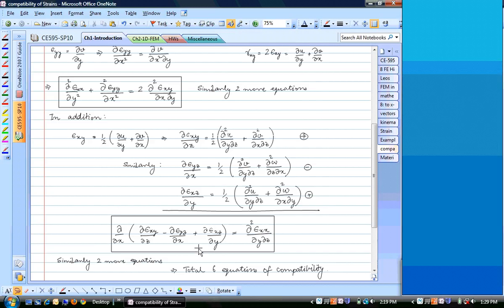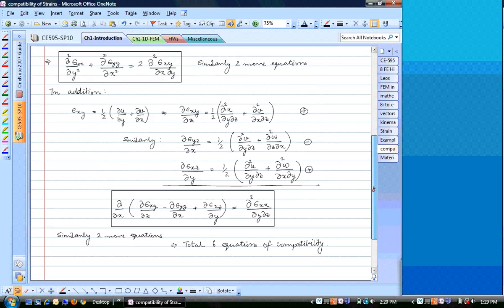So what you get is this relationship. This is the relationship that must hold between the components of exy, eyz, and exz. So this is another set of conditions. Similarly, if you switch the combinations, let's say this is minus, this is plus, and this is plus, then you will get another equation. And finally, you take the third combination, you will get a third equation.